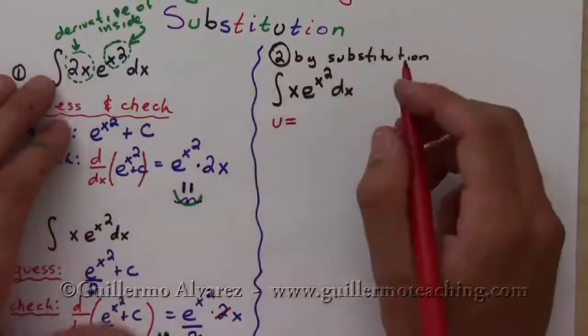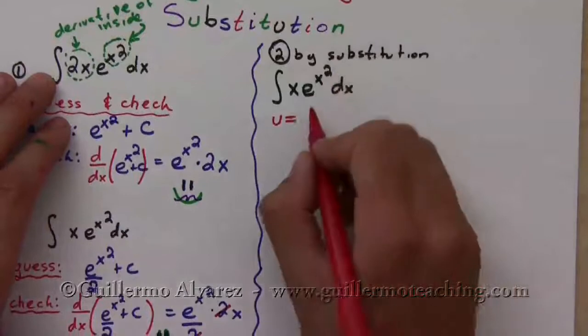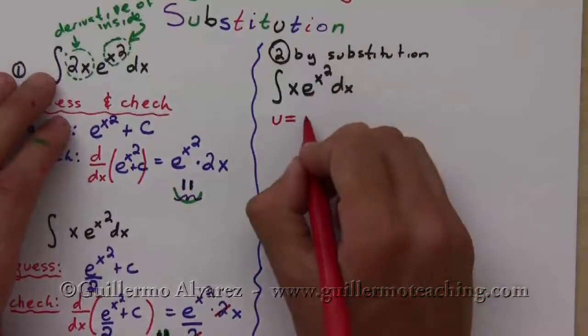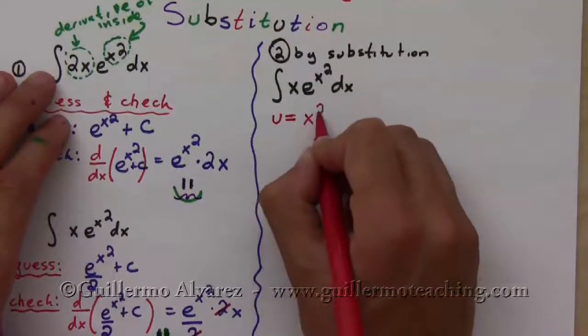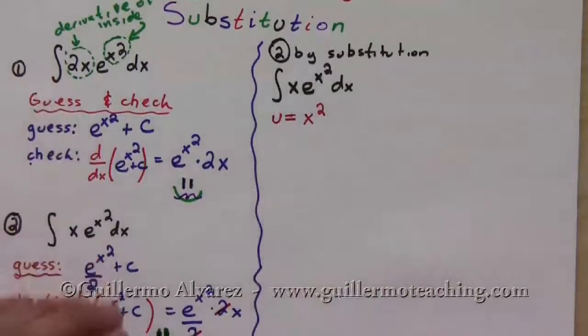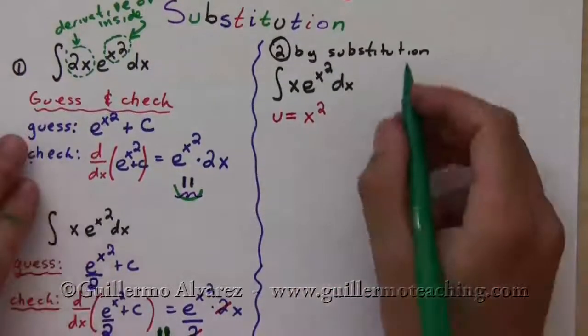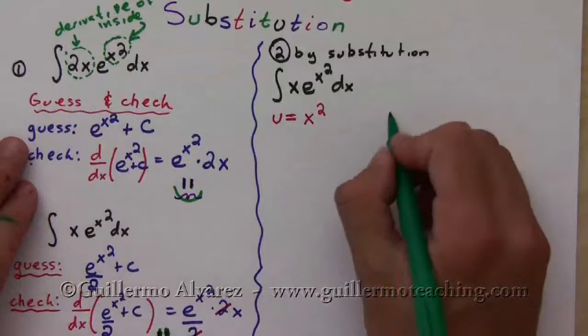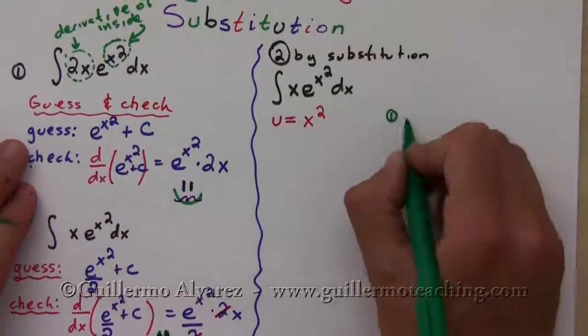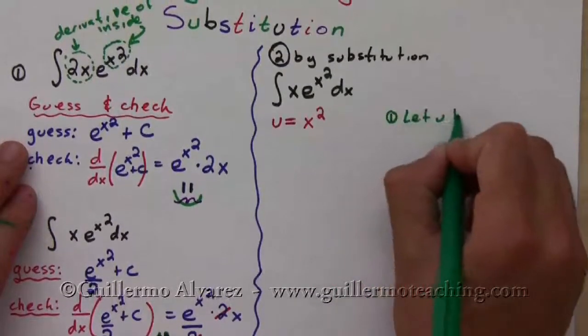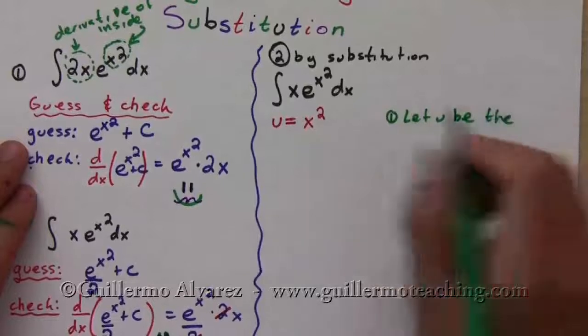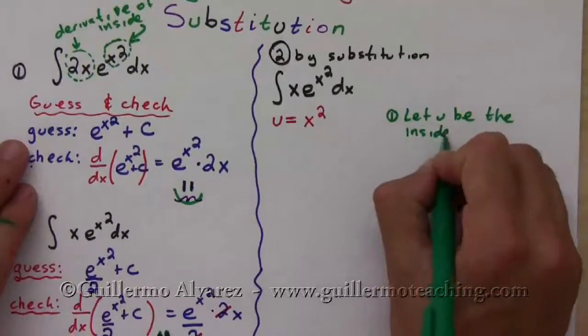So we let u be the inside. So we're going to let u be x squared. Okay? So step 1, let u be the inside function.